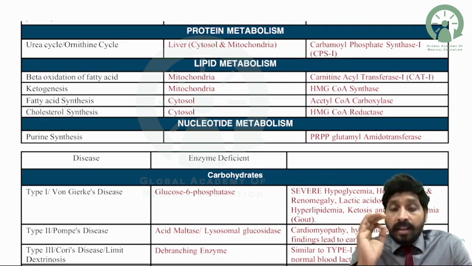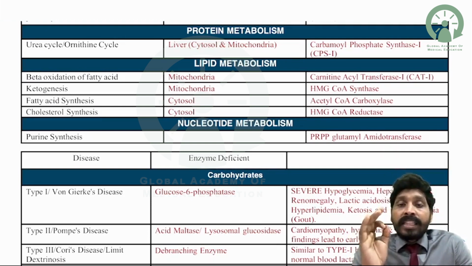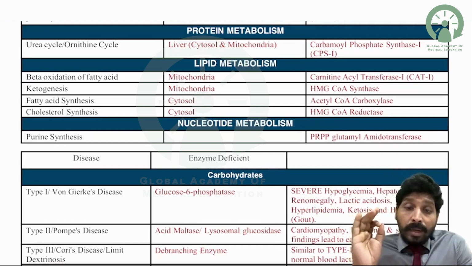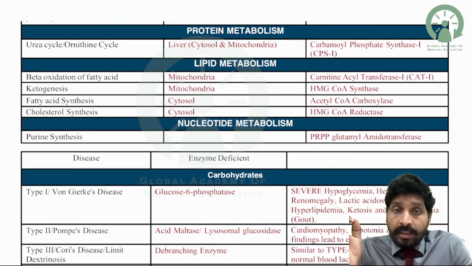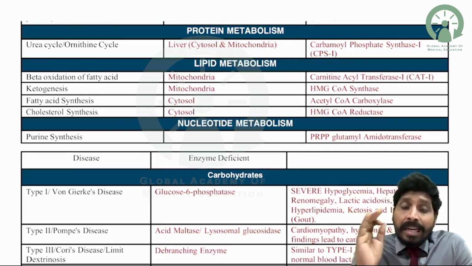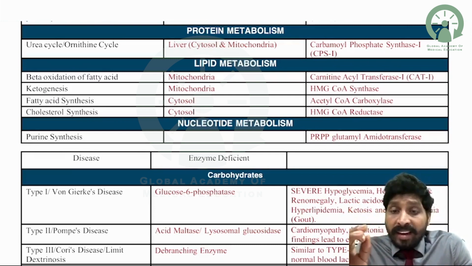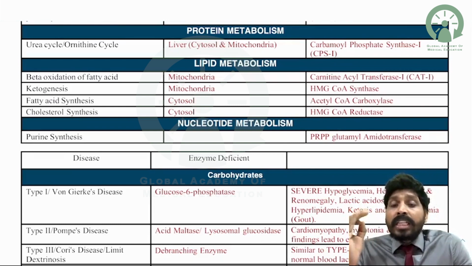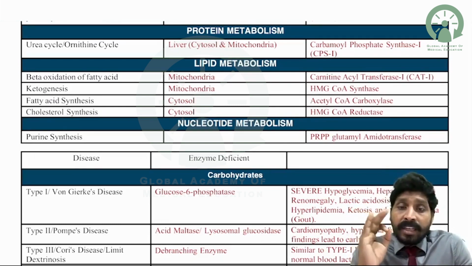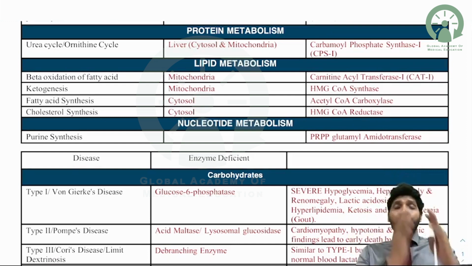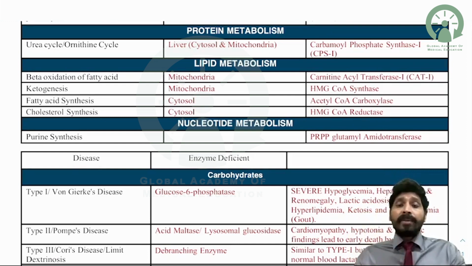There is another enzyme, carbamoyl phosphate synthase 2, that comes in pyrimidine synthesis. The difference is CPS1 is present in mitochondria, whereas CPS2 is present in cytoplasm. That is a key difference. CPS1 is for urea cycle, CPS2 is for pyrimidine synthesis.